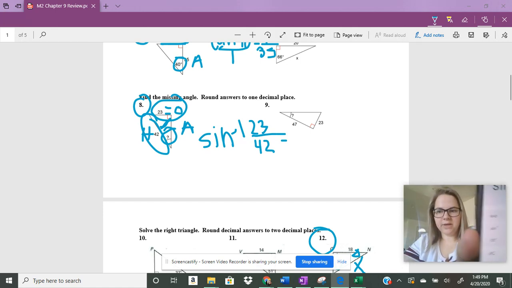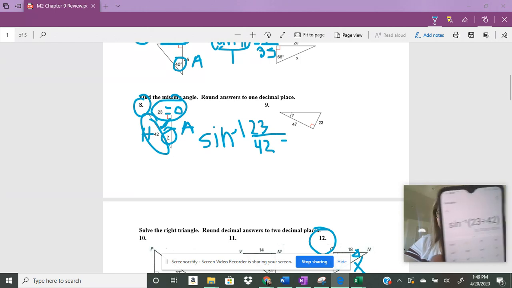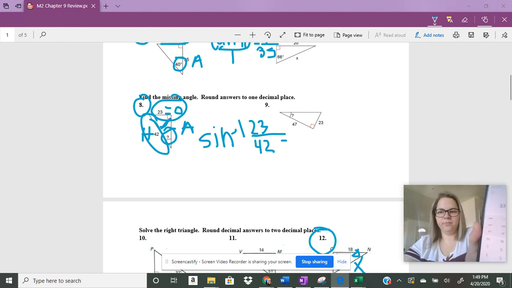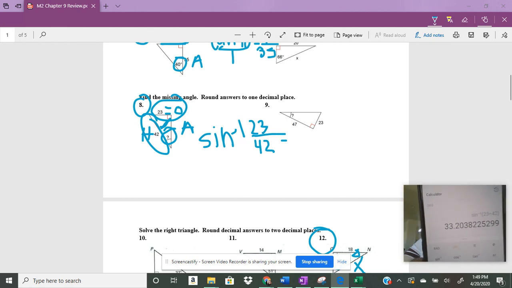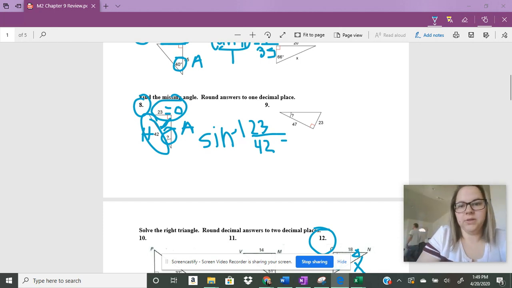This is what it looks like in my calculator, and then I hit equals and I get the answer. That's what your answer should be, 33.2.